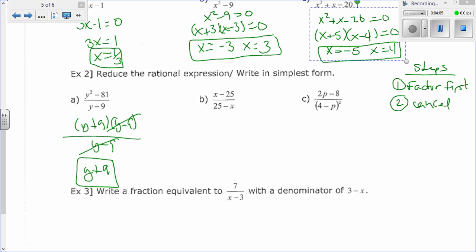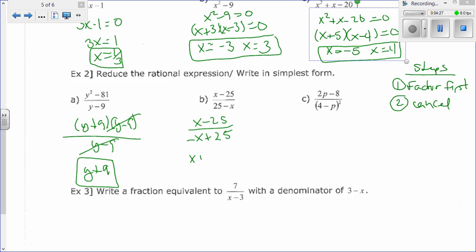B looks very much like the same thing, and you just want to cancel out and put a 1. You can't do that. I'm just going to rewrite my denominator. Just change the order, so it is negative x plus 25. And then out of my denominator, I'm going to factor a negative 1.